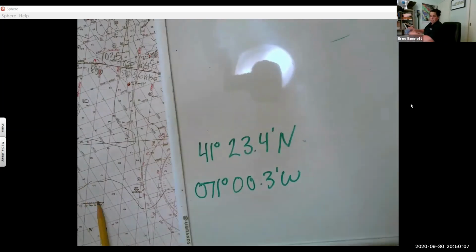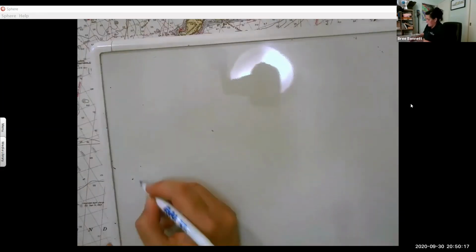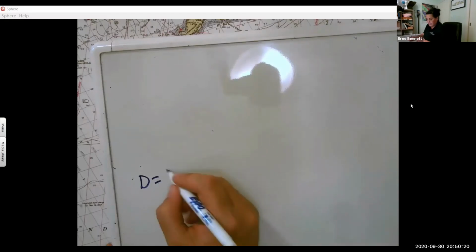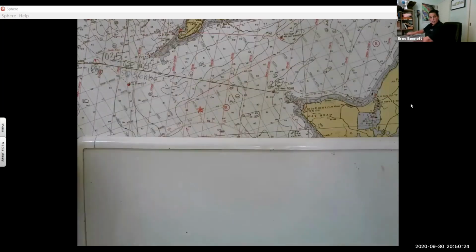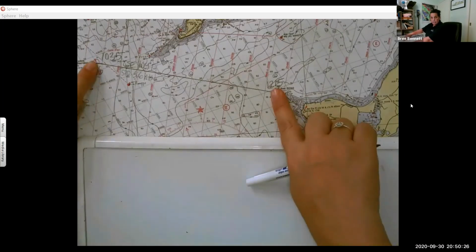So get our whiteboard out. We have a distance of 7.9 nautical miles. That was the distance from the light to the buoy.